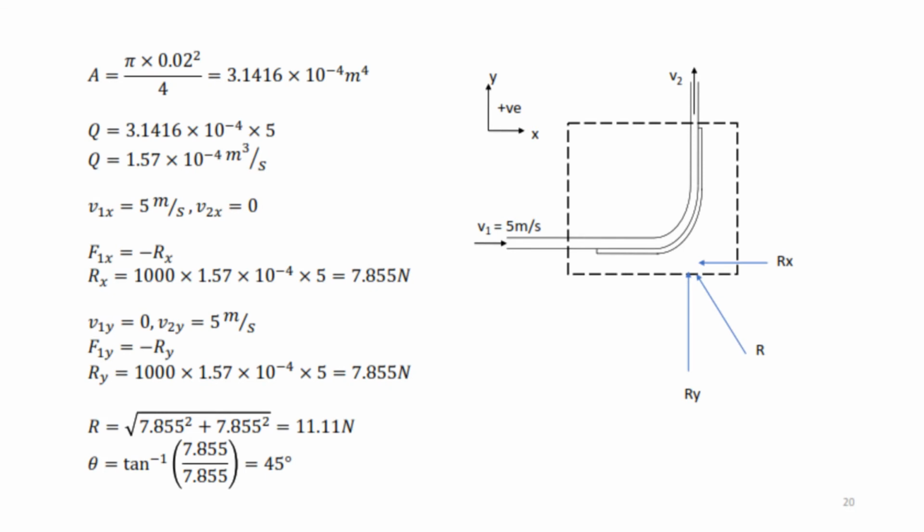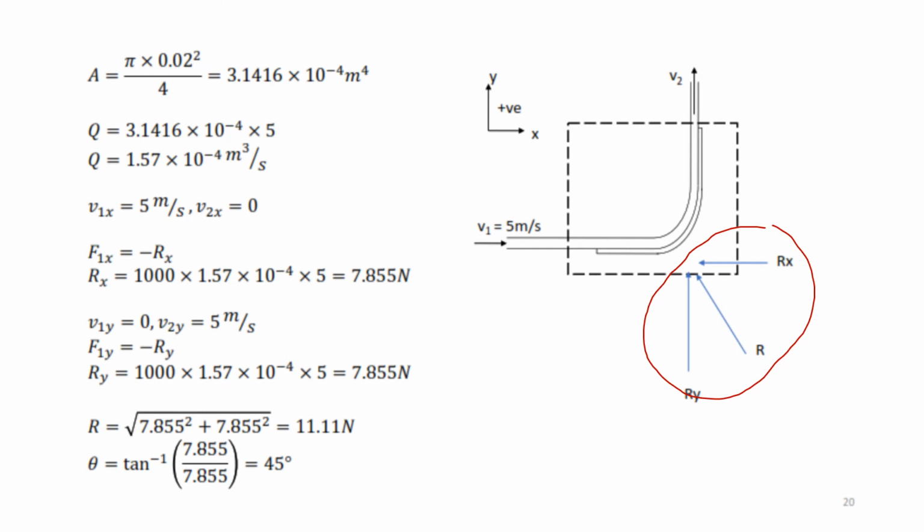We need to write the axis system. That is the step we need to do first. So we have R resolved to the y direction, and then we have Rx for the x direction. We can determine the area first because we already know the diameter of the pipe.